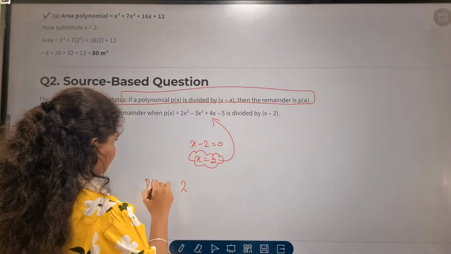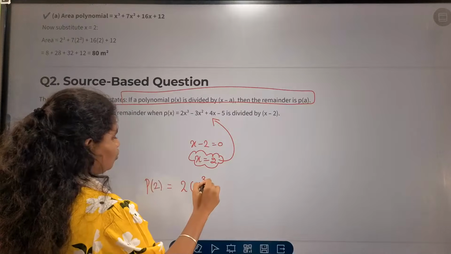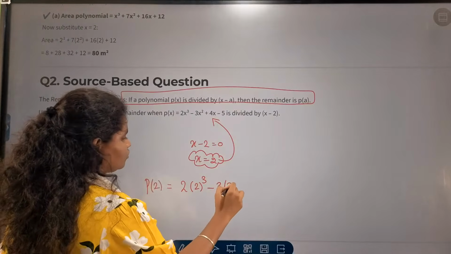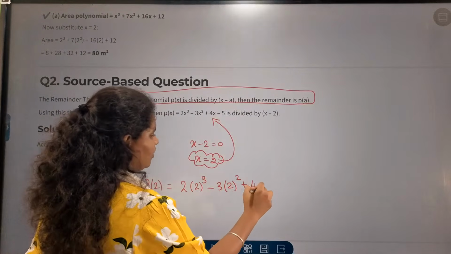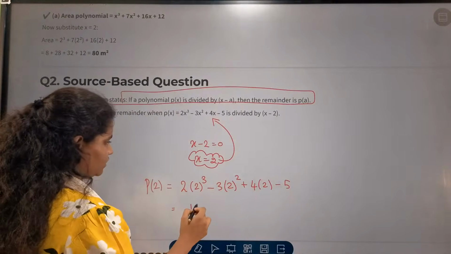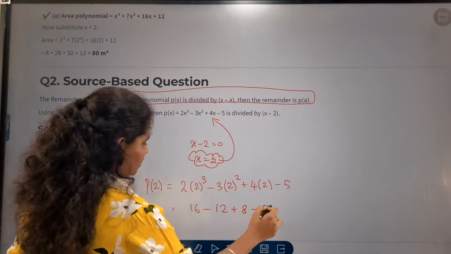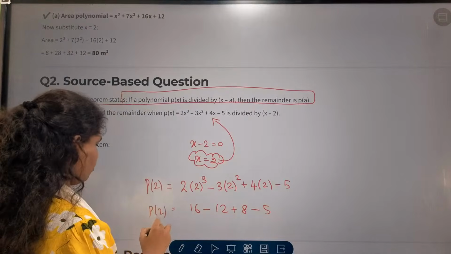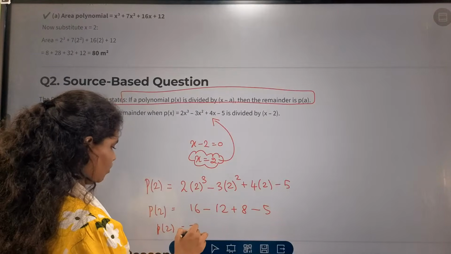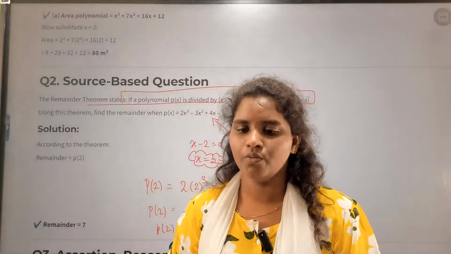P of 2 is equal to 2 times 2 cube minus 3 times 2 square plus 4 into 2 minus 5. So 2 cube is 8, it's 16 minus 12 plus 8 minus 5. So P of 2 is equal to 7. So the remainder value is 7.